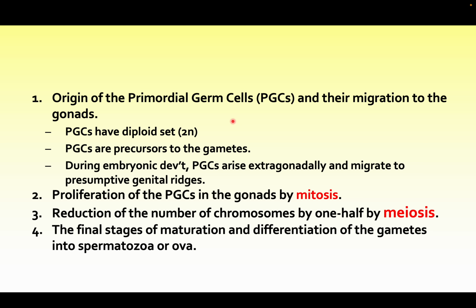Okay, so these primordial germ cells have a diploid set of chromosomes, and they are precursors to the gametes.